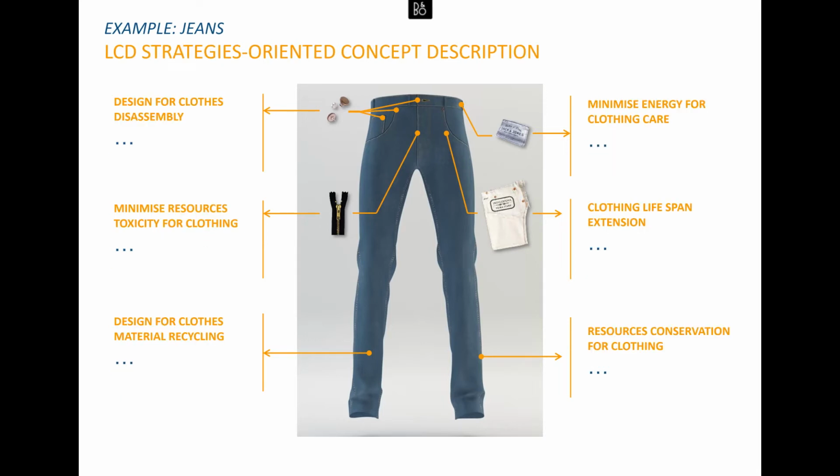Another very simple way to give a representation of the environmental quality of your concept is to give maybe a couple of drawings or whatever, maybe the same exploded view. It's up to you, but highlight the characteristics that describe the quality of your concept in relation to a given strategy.